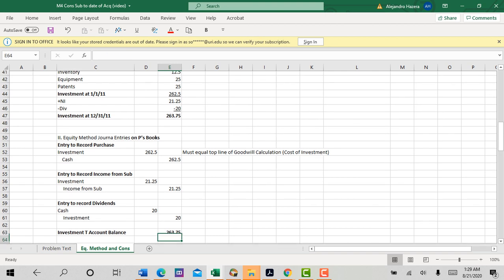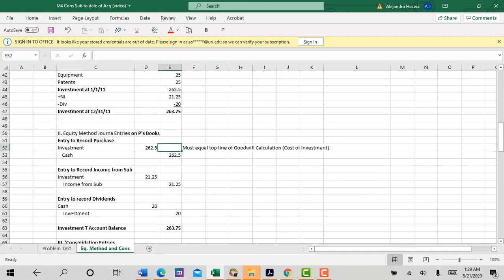Now we made 3 equity method journal entries. We debited the investment account for the purchase. This entry was made on 1/1/11 because you bought the thing at 1/1/11.